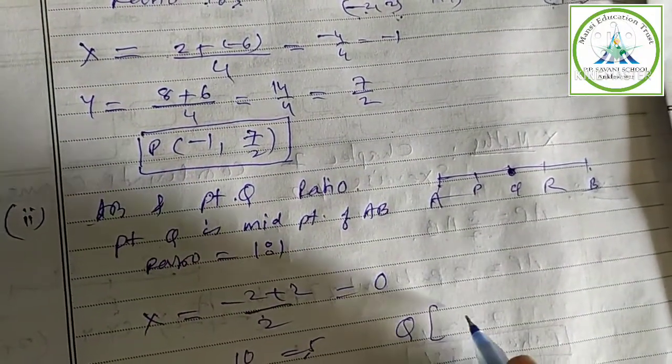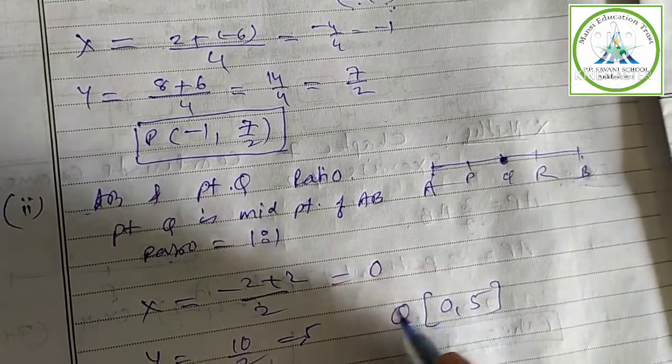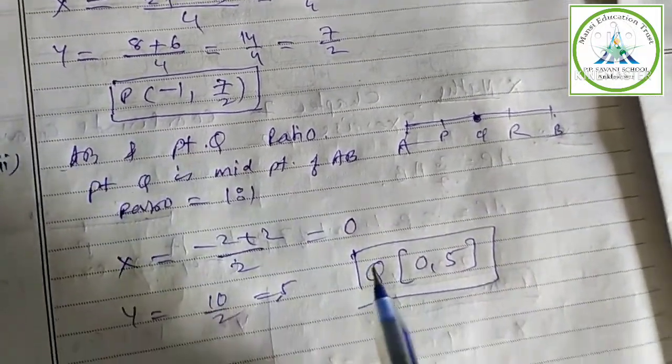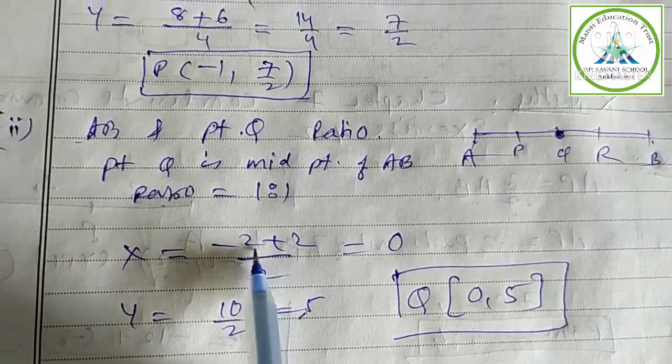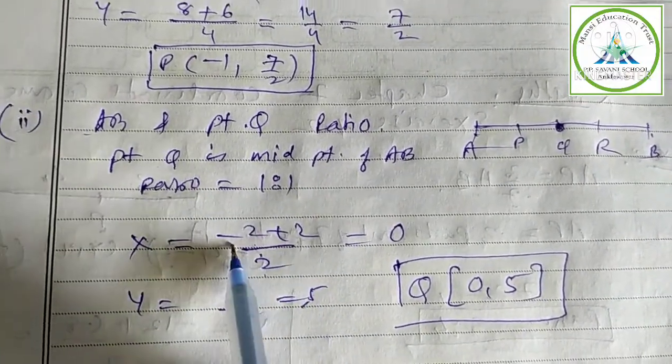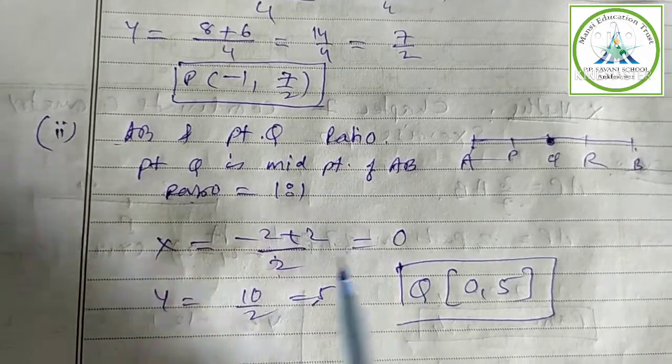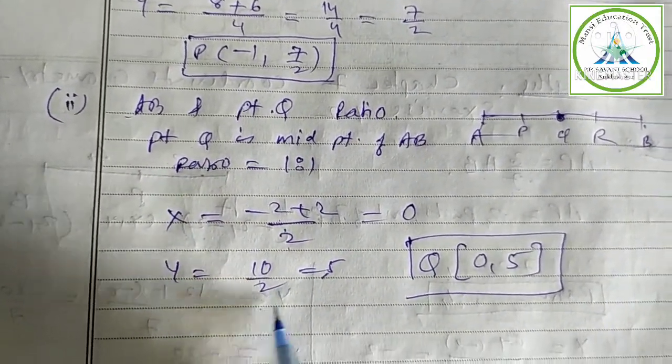Therefore Q is (0, 5). Clear, students? Please remember this very important midpoint formula.